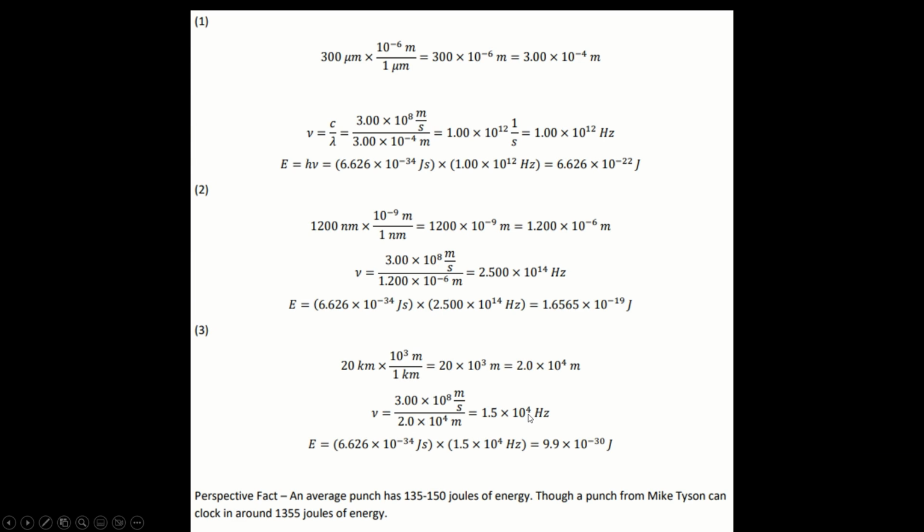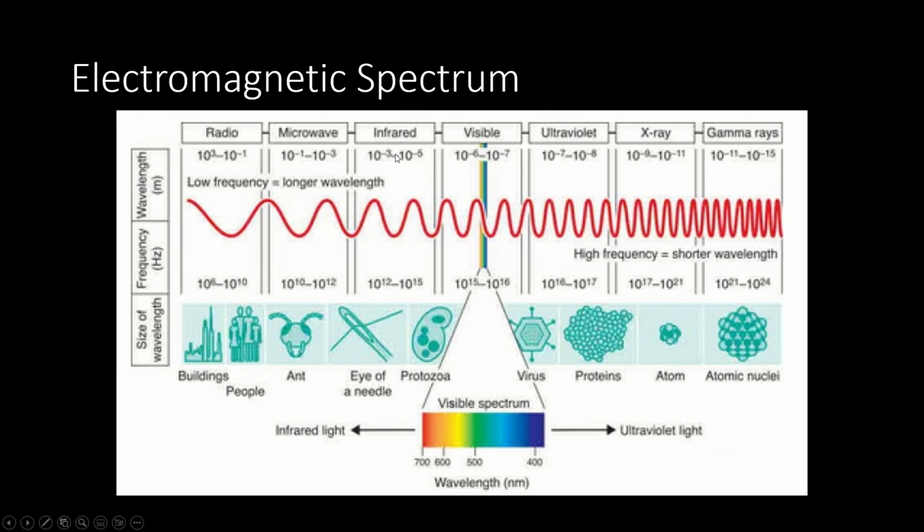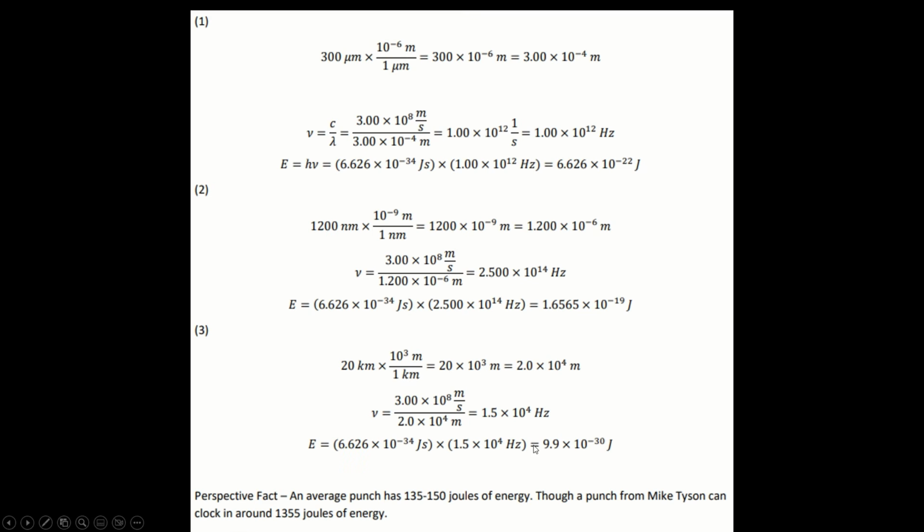There we go. 10 to the fourth meters. That would be microwave radiation. So let's see if that frequency is actually correct. Yep, that all works out mathematically. So about radio wave length, more or less.